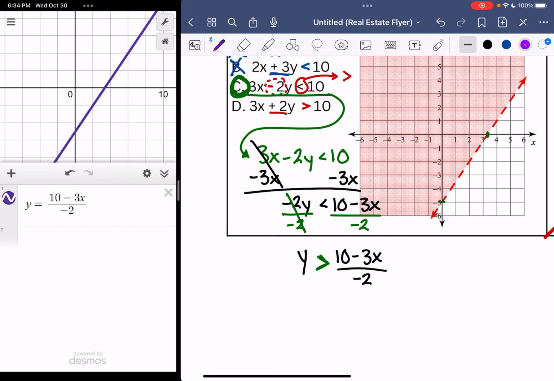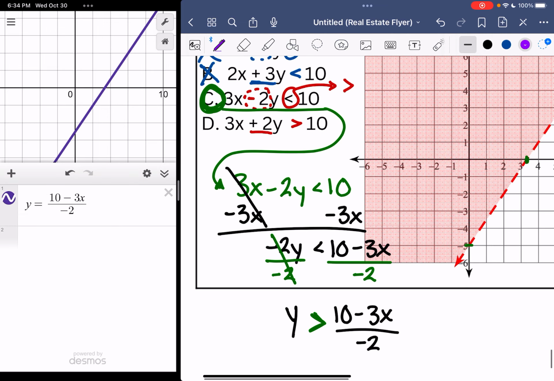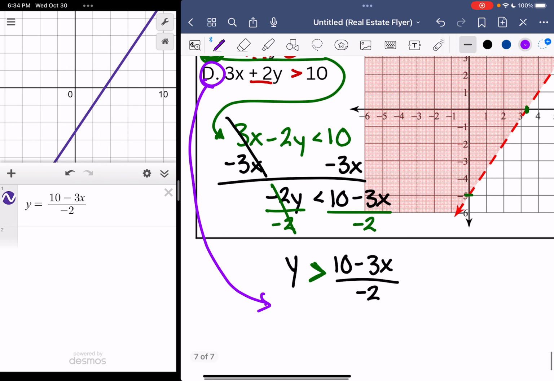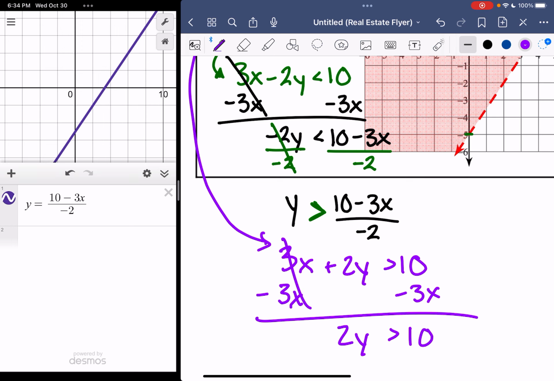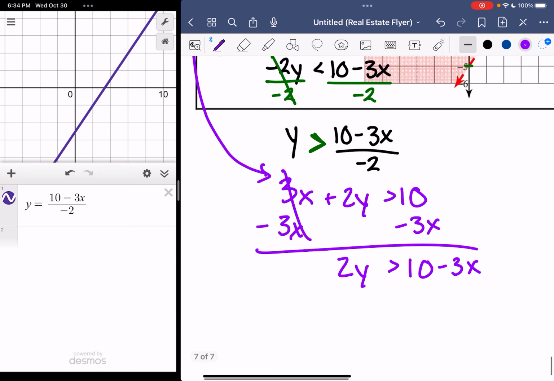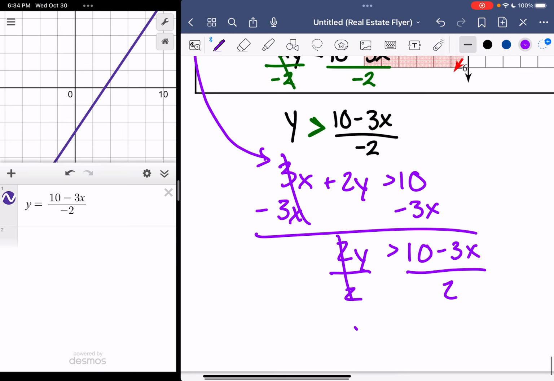Well, that was fun. So right here, D, or bring it down. We have 3x plus 2y is greater than 10. If we go ahead and solve for y, I get y is greater than 10 minus 3x over 2.